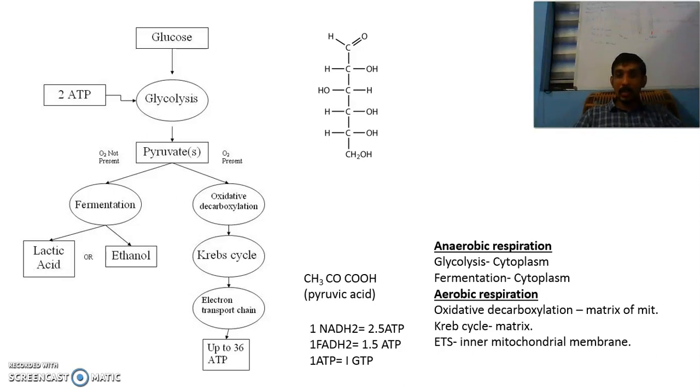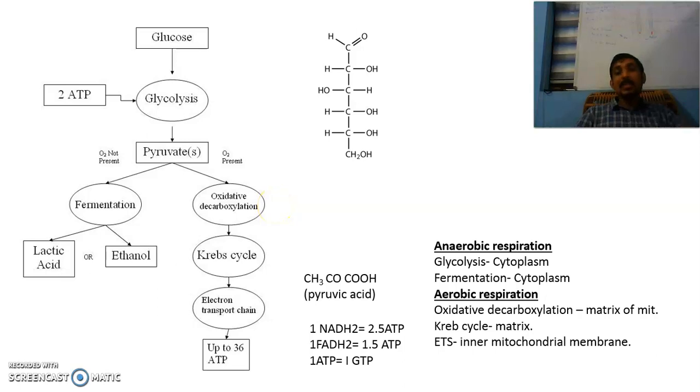Both decarboxylation and oxidation take place during the conversion of 2 pyruvic acid into 2 acetyl coenzyme A. That is also known as the link reaction, because that reaction connects the end product of glycolysis, pyruvic acid, with the next cycle, that is the Krebs cycle.